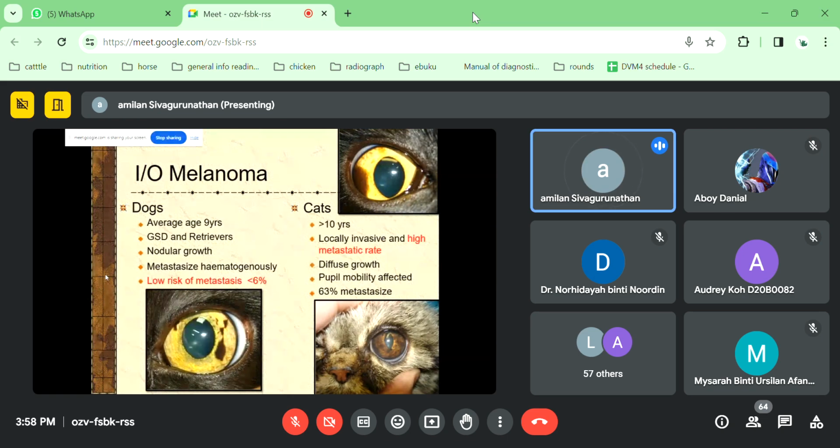The most common tumors in the dog are the adenocarcinoma, the adenoma, and melanoma. These are common benign tumors, while in the cat, there's a species variation. They can be more aggressive, they tend to be diffuse, and they can spread.